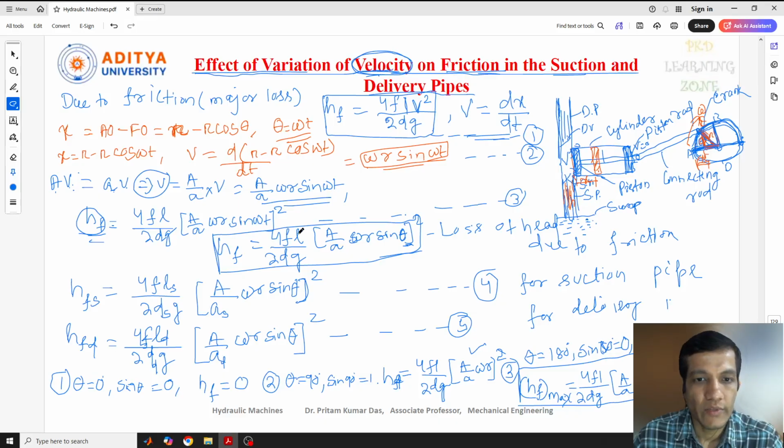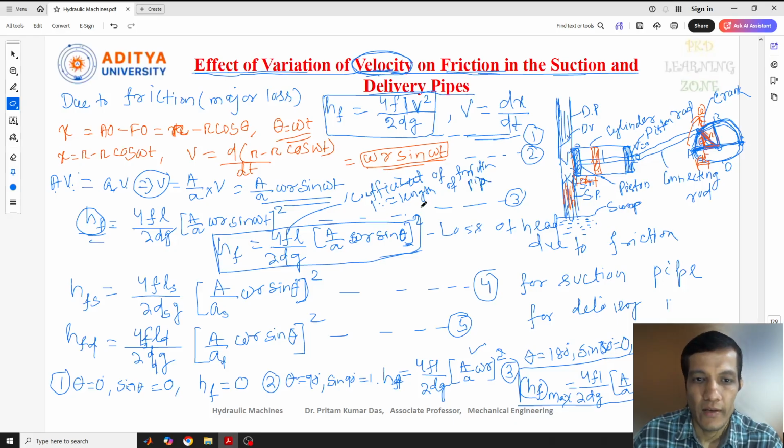Here are some terms. F is the coefficient of friction, which we already discussed previously. L is the length of the pipe, which we can consider for both the suction pipe and the delivery pipe.